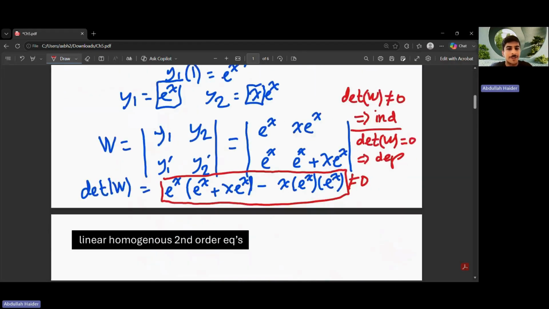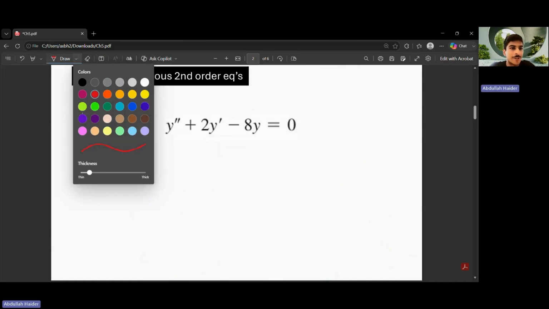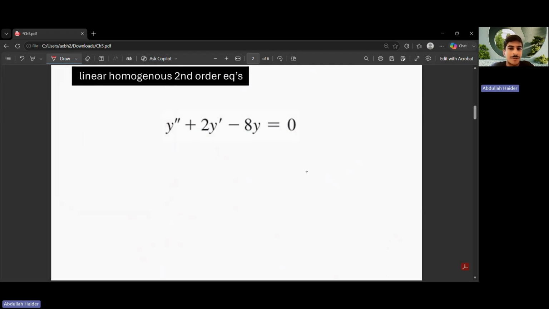Whenever you have a second order equation on the left side and a 0 on the right side, to solve this kind of equation, you need to convert it into an auxiliary equation.